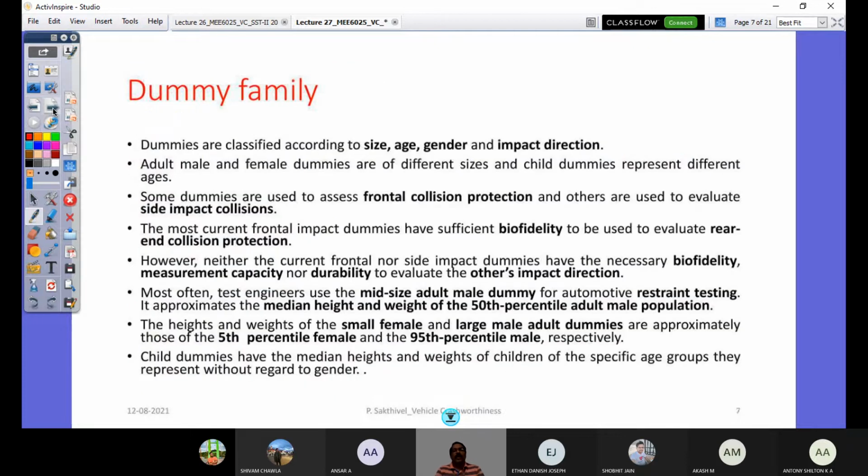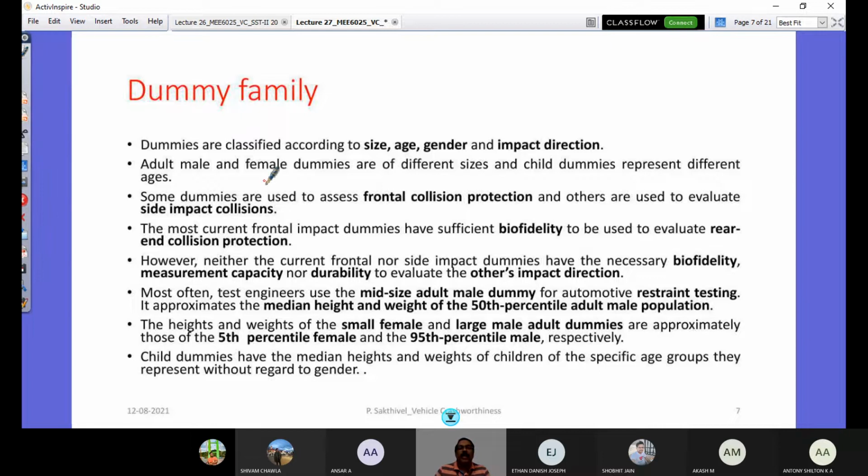And if you look at the family, it is not one dummy that we are talking about. Like humans, who have a family, dummies also have a family. There are many variants, as we will see in our upcoming slides. So dummies are classified according to size, age, gender, and impact direction. Impact direction is very important.